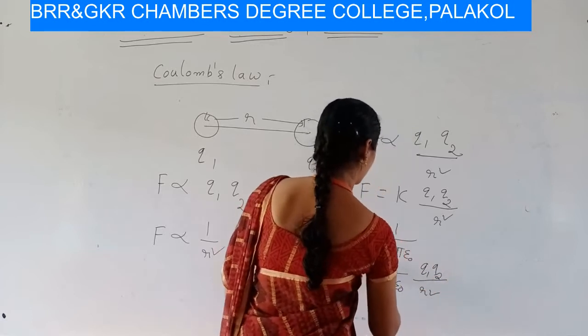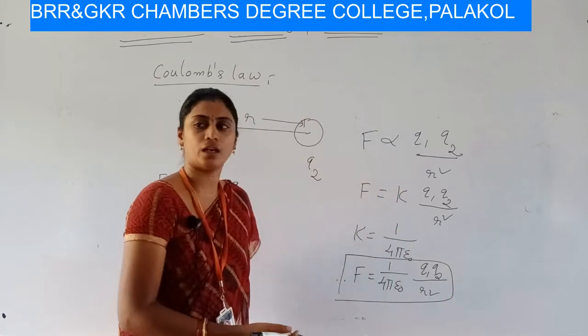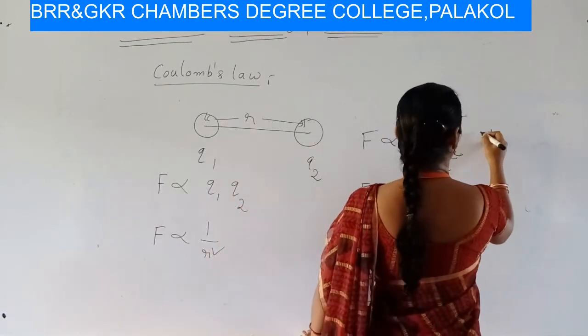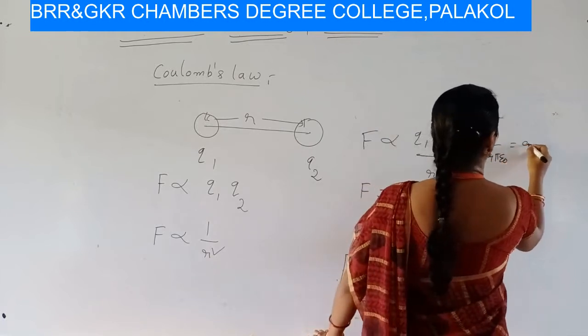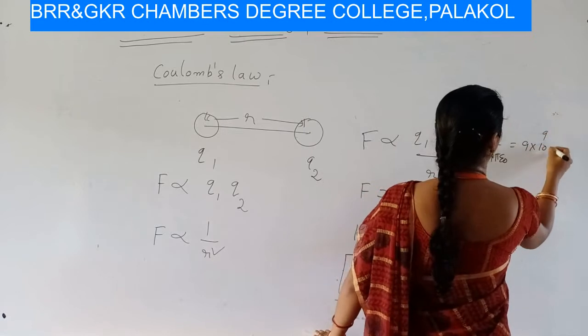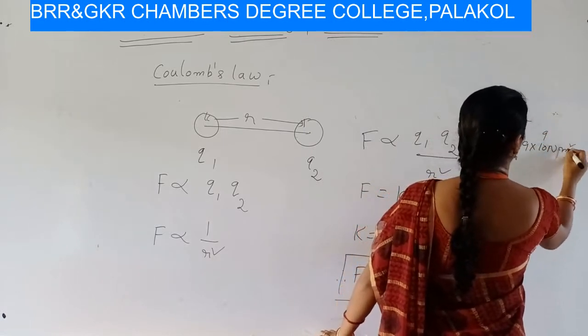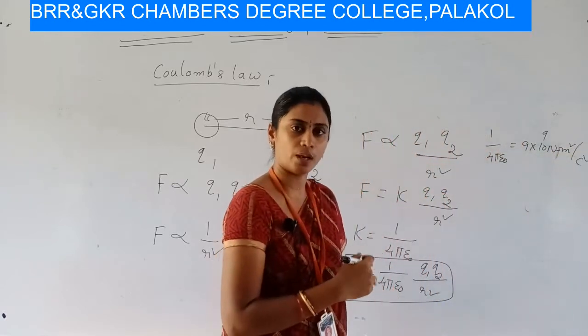This is the Coulomb's law. Here epsilon naught is the permittivity of free space. This value 1 by 4 pi epsilon naught is identically equal to 9 into 10 to the power of 9 Newton meter square per Coulomb square. This value can be used in our problem solving.